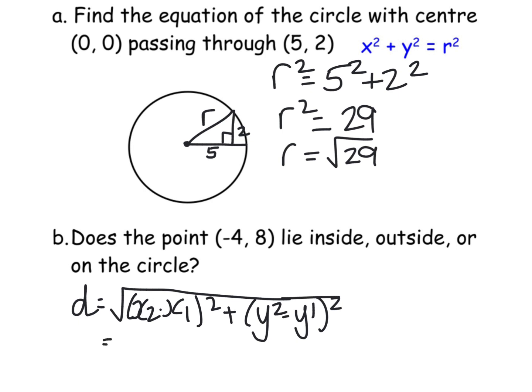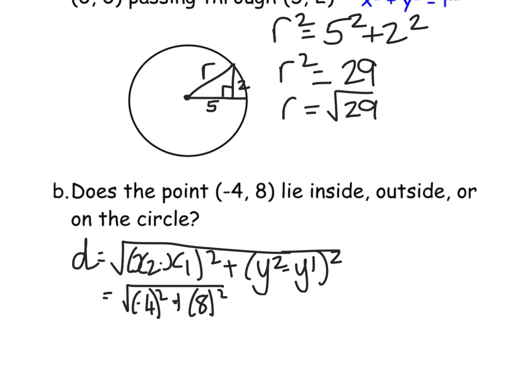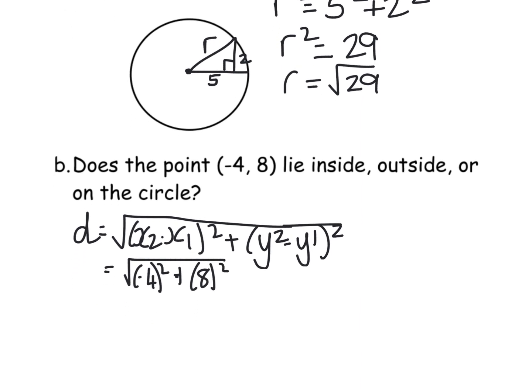However, we are just working out the distance from 0, 0 to minus 4, 8 again. So it's going to be the square root of minus 4 squared plus 8 squared. Let's create a wee bit more space. Which is 16 plus 64, which is root 80.